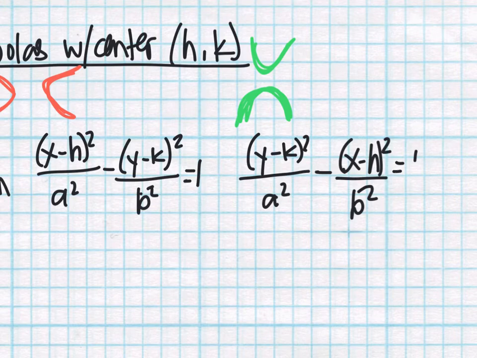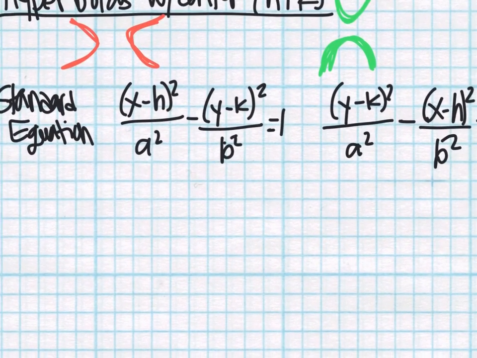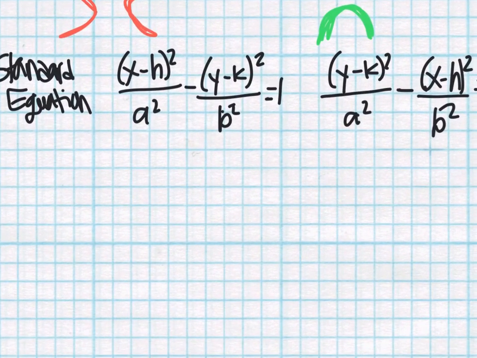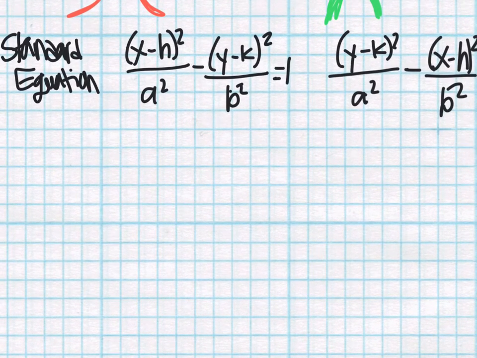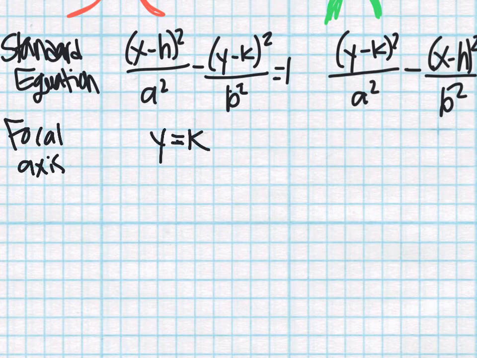Okay, the focal axis, where does it lie? It lies in the same direction as the x and y axis, but now that we're not centered at 0, 0, it's not the axis. It's close, but something different. So focal axis is going to be y equals k, and focal axis for this one is going to be x equals h.